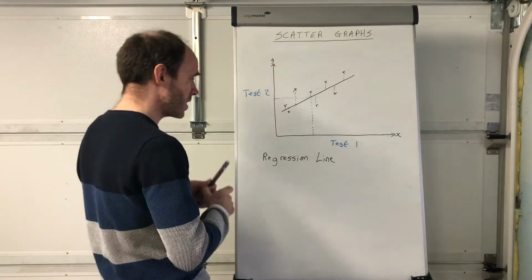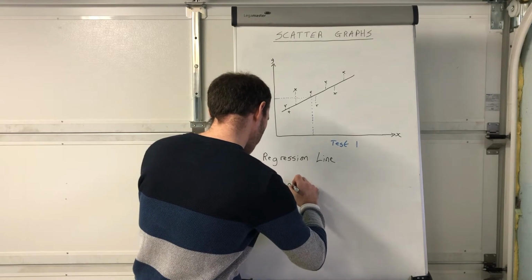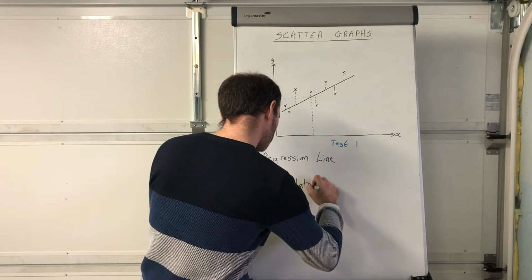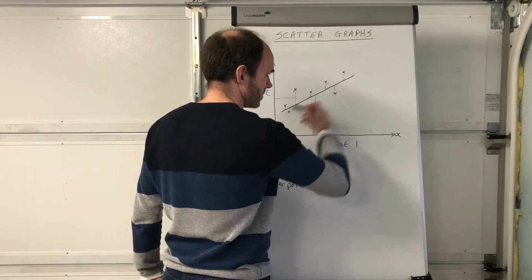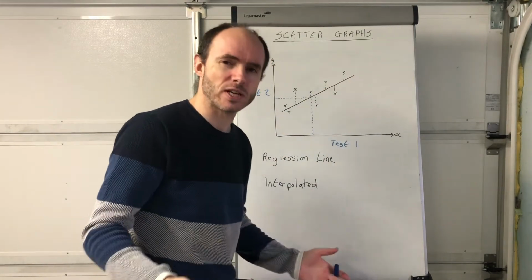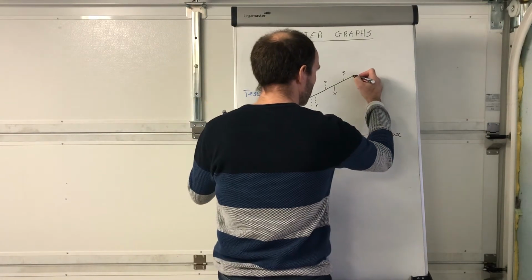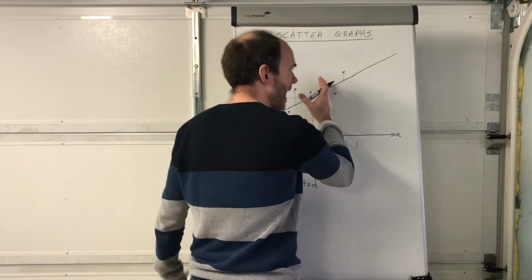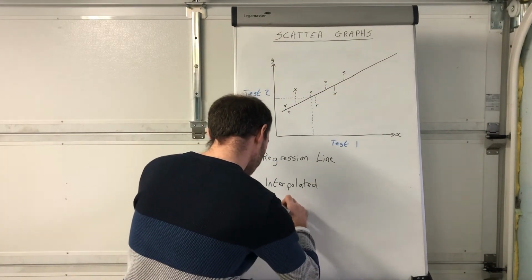What we've done is we've interpolated with this data. What that means is, notice that the regression line has been drawn such that it covers the range of data that was initially given. If we want to extend the regression line to cover data outside which was given, that's called extrapolation.